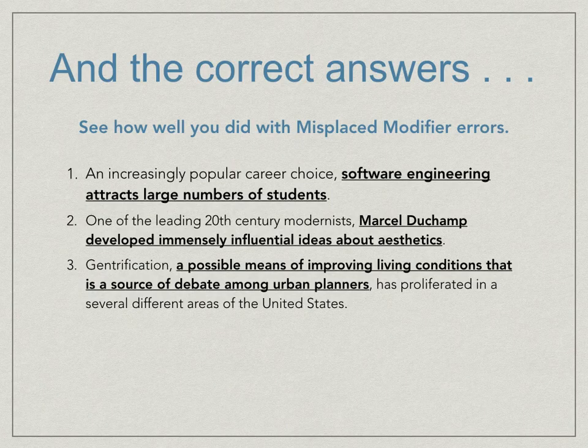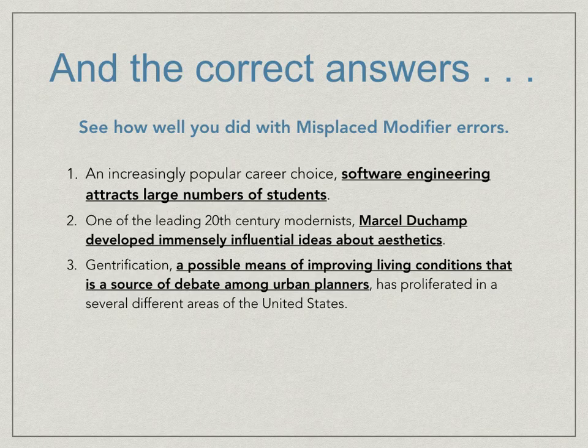Now, the final one is perhaps the most tricky, because what we've seen already with misplaced modifier is that you can often fix up the beginning of a sentence, or maybe the main subject, in order to start getting rid of this error.